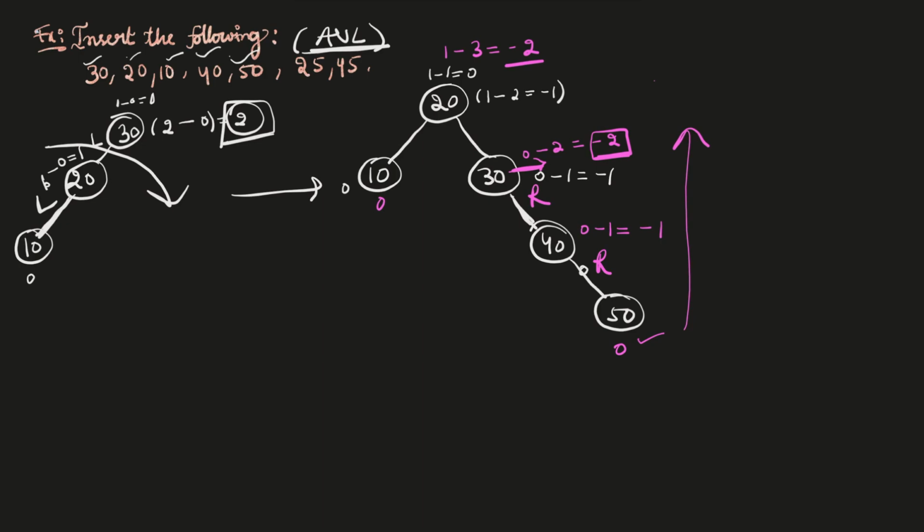At where? At the node where we have got the problem. So we rotate 30 to the left side. So what would happen? 40 would get attached over here, and let's see how it happens.